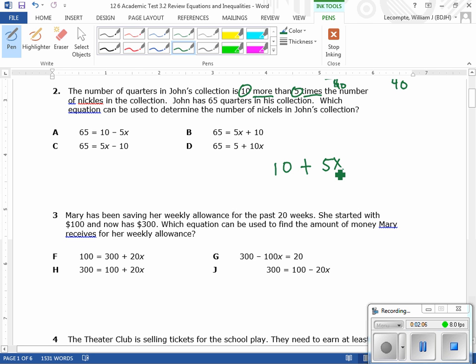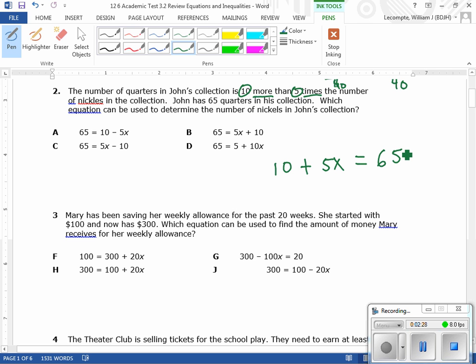John has 65 quarters, and so this is equal to 65. Alright, so we just have to decipher which one equals that.